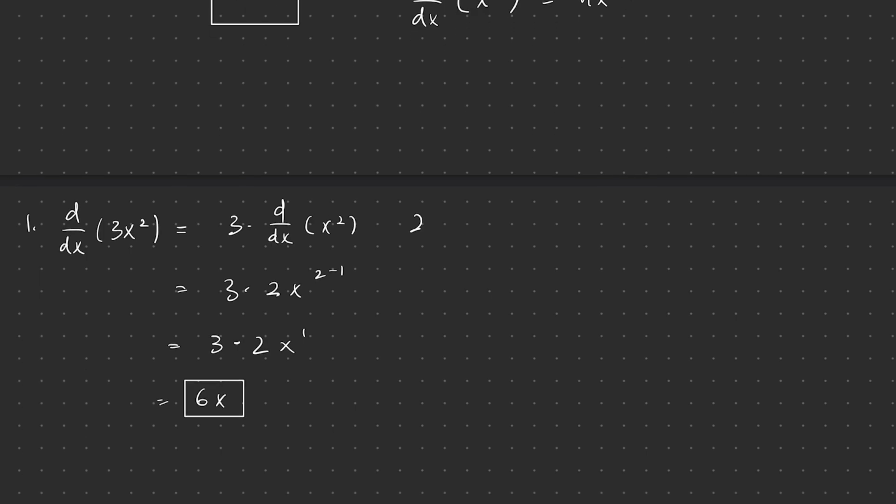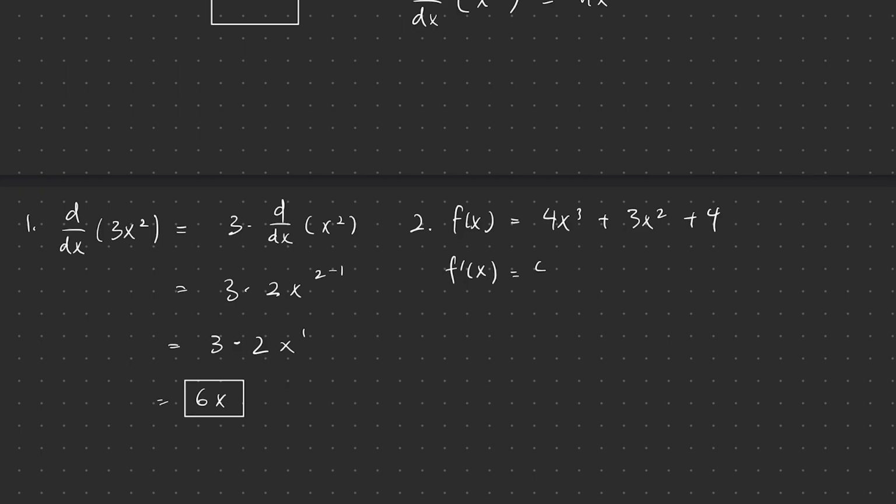Now for the second question, let's say f of x is 4x cubed plus 3x squared plus 4, and we want f prime of x. Remember, this is just another way of saying the derivative of f of x. Again, you can pause the video if you want. So how we do this is, I'm not going to keep writing out all the steps, but you can ignore the constant first.